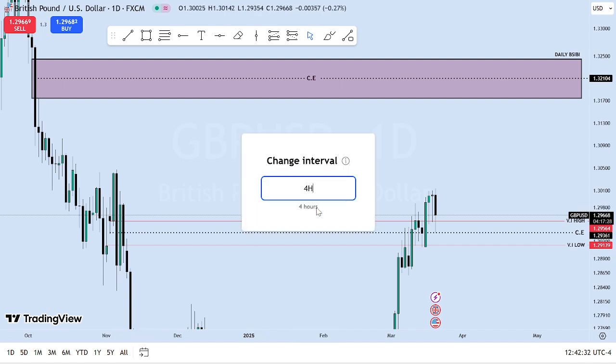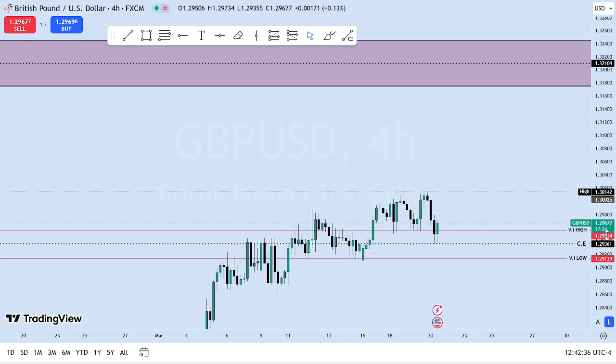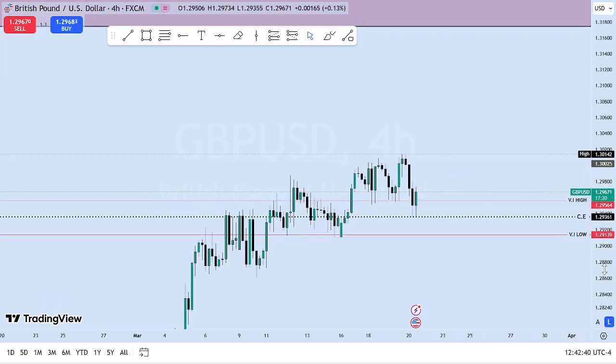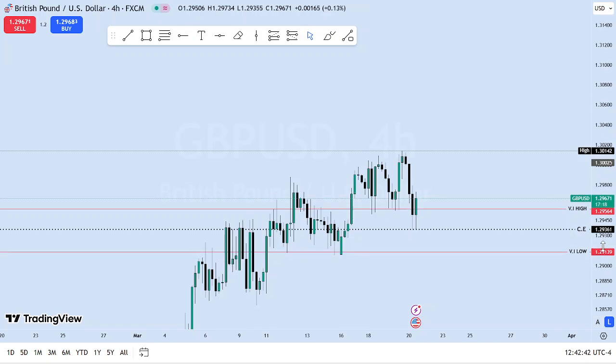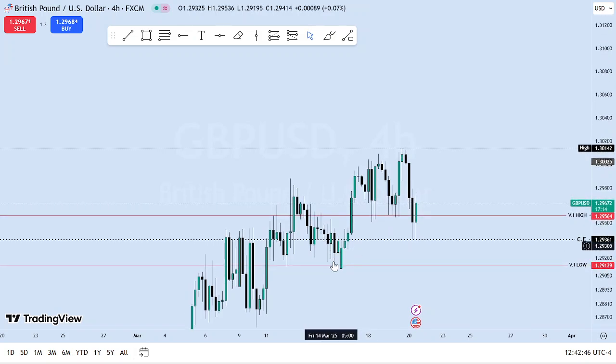Move down to the 4 hour. That is the 4 hour chart, the 4 hour time frame. You could see a price delivery inside this inefficiency over here.